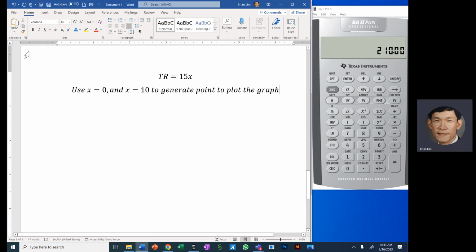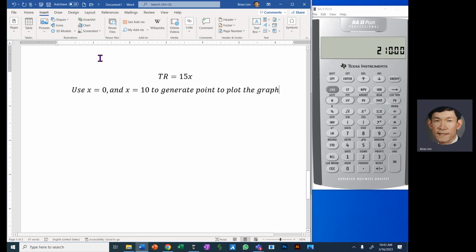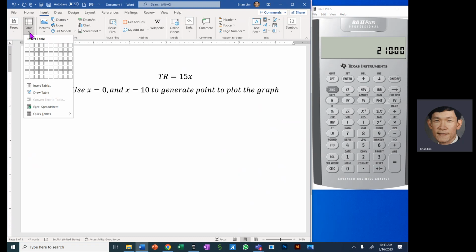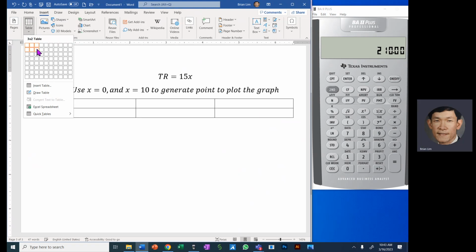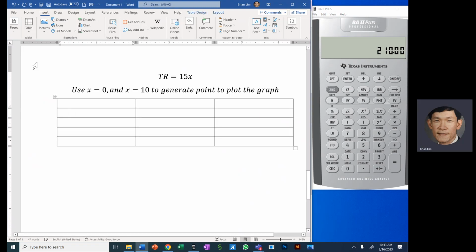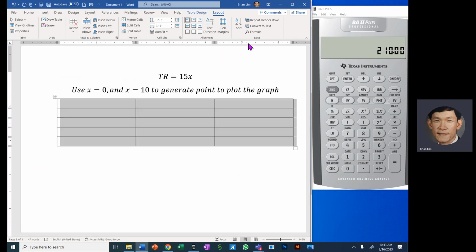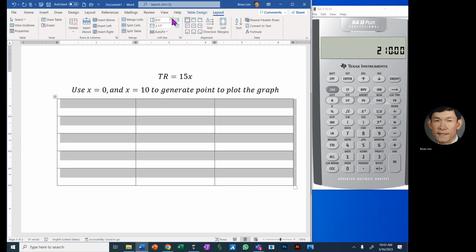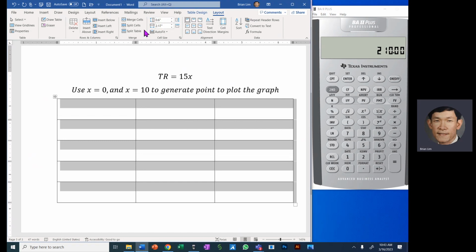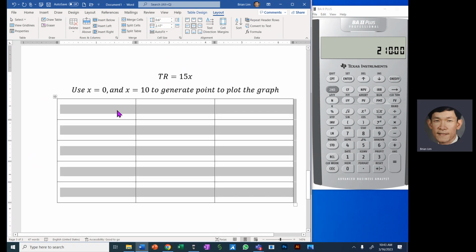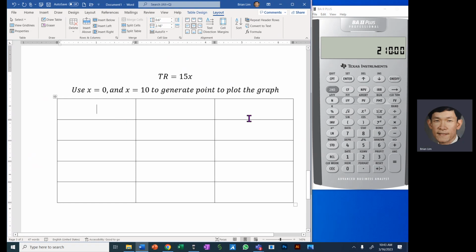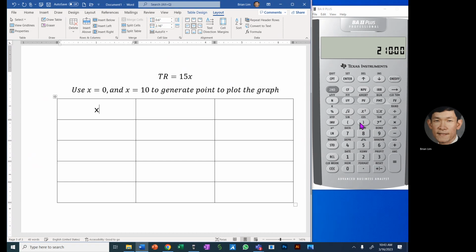And if you want, you insert, and you insert the table. Where is the table? There's the table right there. We should have at least maybe 3, 4. Let's do some extra points, all right, just to make it better. And we can go for layout, and we can make our spaces larger, and we can decide where we want the information to go. Okay, so in this case, we want to put in X, all right?